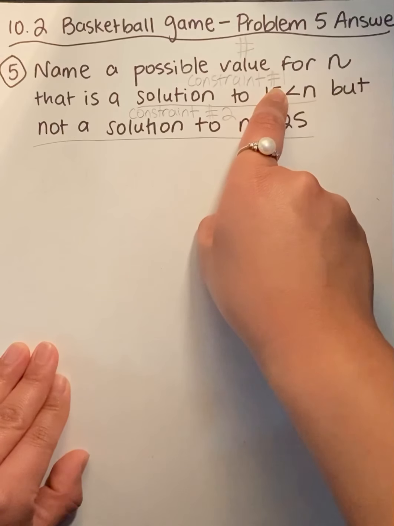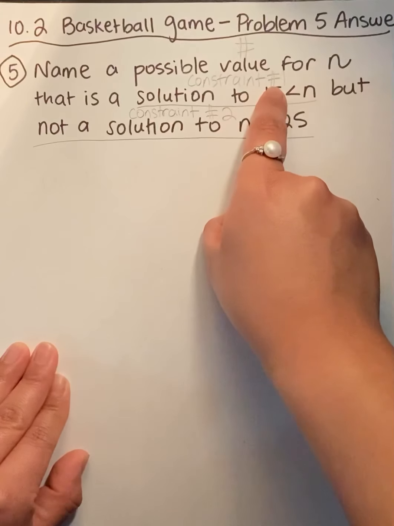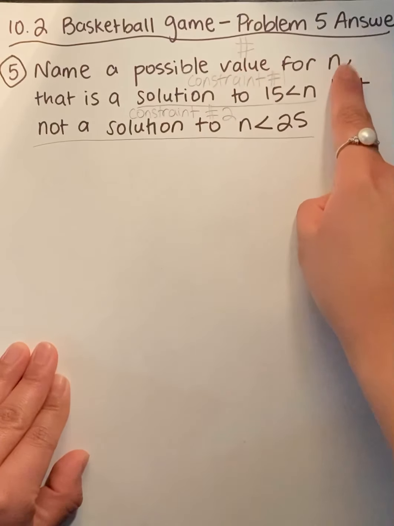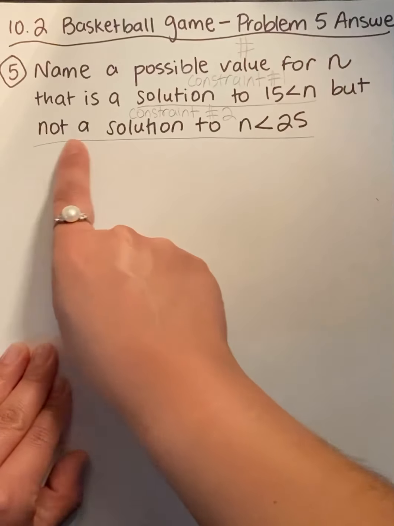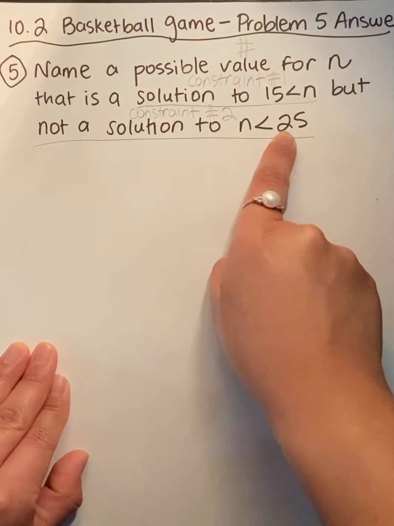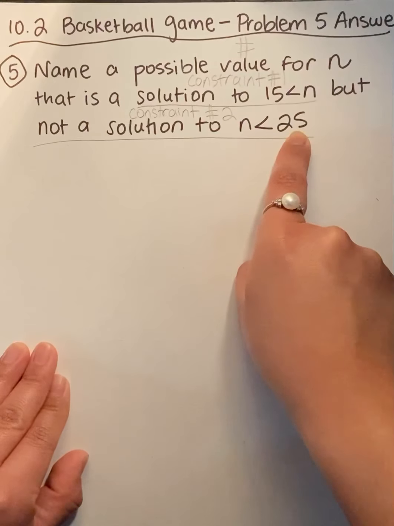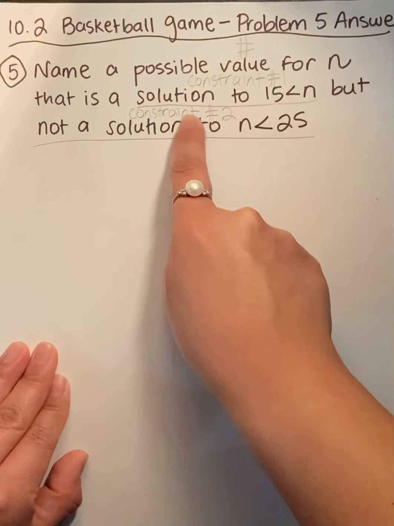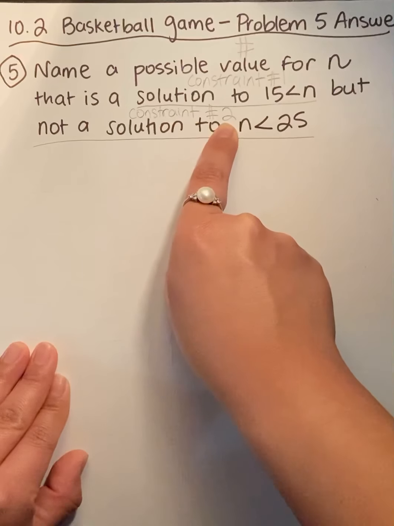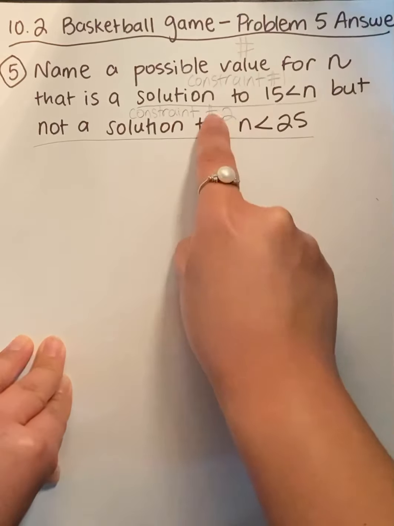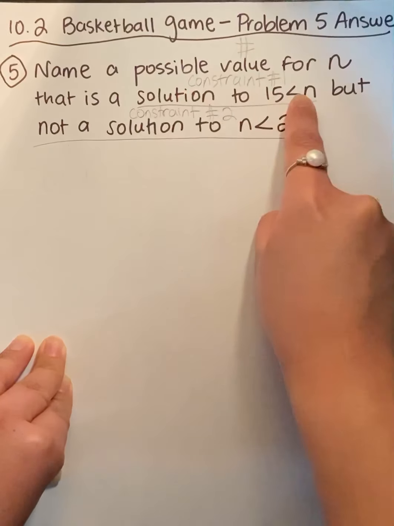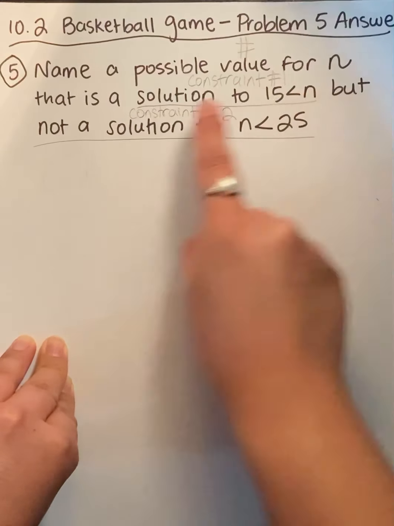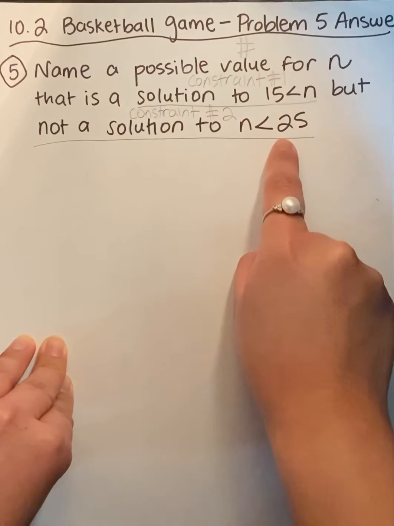And the second constraint is that the value that I've chosen for n cannot be a solution to n is less than 25. And that is why I annotated constraint number 2. So two constraints, a solution to this inequality, but not a solution to this inequality.